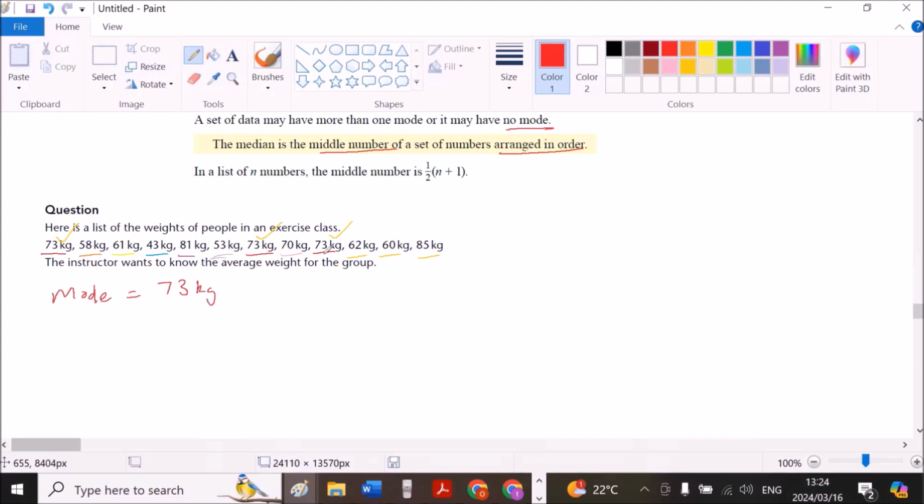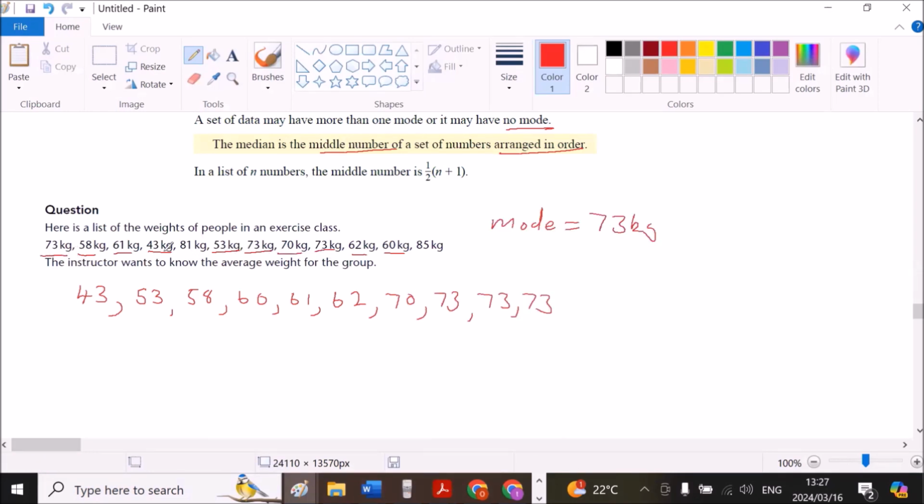Or we can list these masses in order of size. So 43 is the least, followed by 53 kgs, followed by 58, and then 60, and 61, 62, then 70 kgs, then our 73s, then 81 kgs, then 85 kgs.